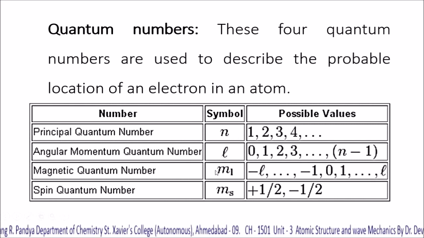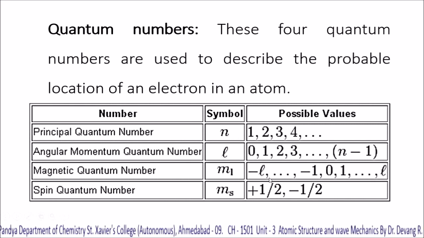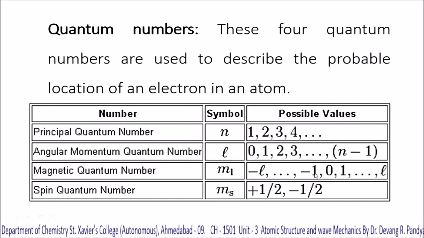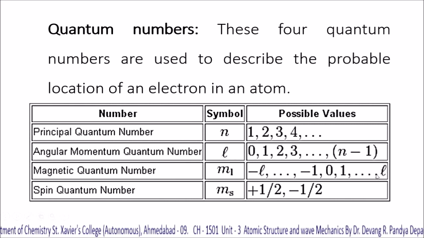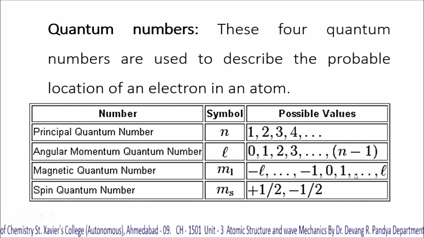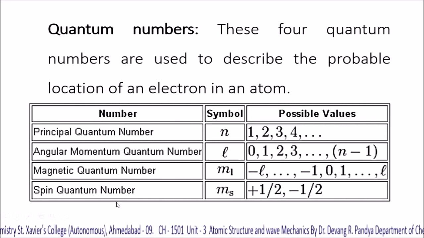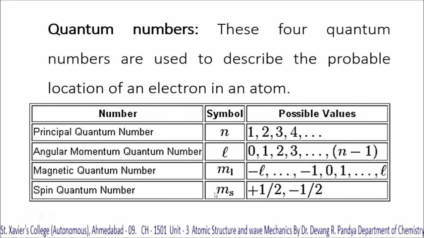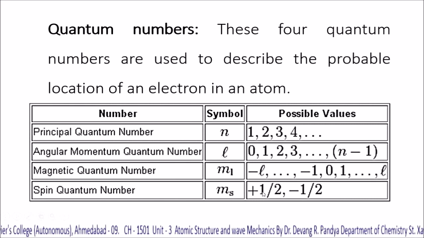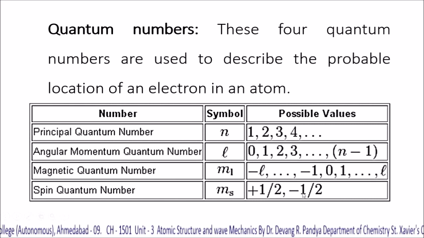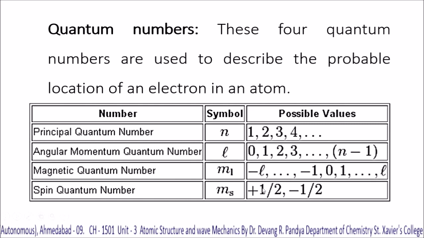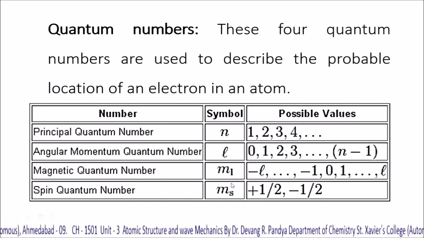And magnetic quantum number, m subscript L, has values from minus L through minus 1, 0, 1 to plus L. It means minus L to 0 to plus L. And last but not least, spin quantum number, m subscript S, that is plus 1/2 and minus 1/2. That means plus half and minus half.